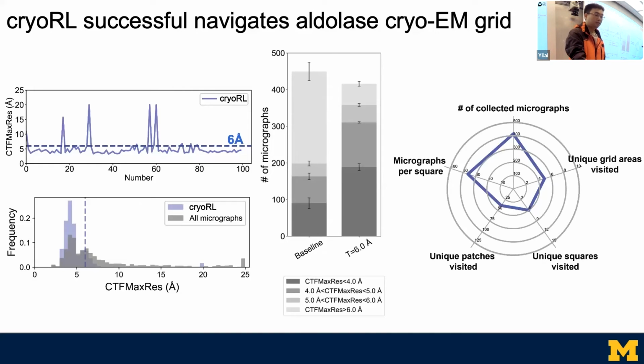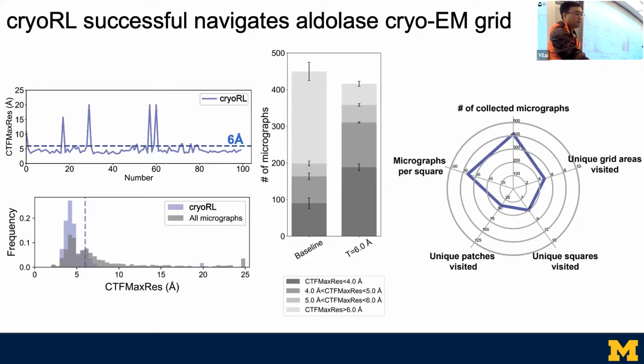Later we also plot some high-level behavior analysis of the cryo-RL trajectory. It collected over 400 micrographs in total, around 75 micrographs per square.